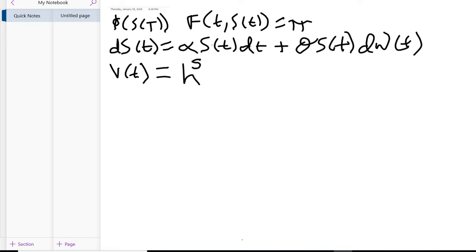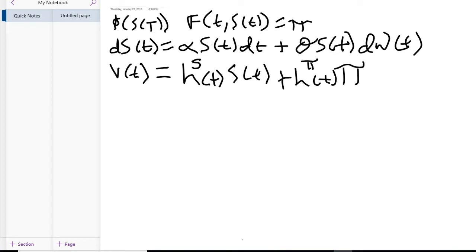H superscript S at time t, and this denotes the number of shares you have in the underlying asset S, times S_t, plus another H superscript pi at time t, times pi.